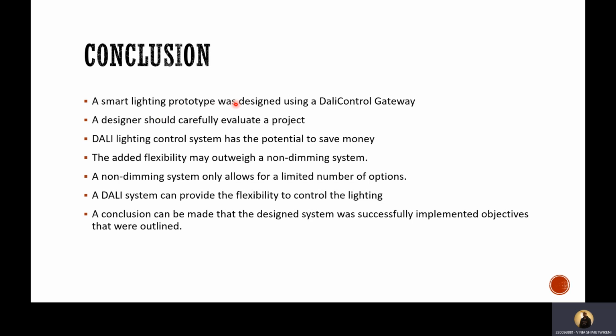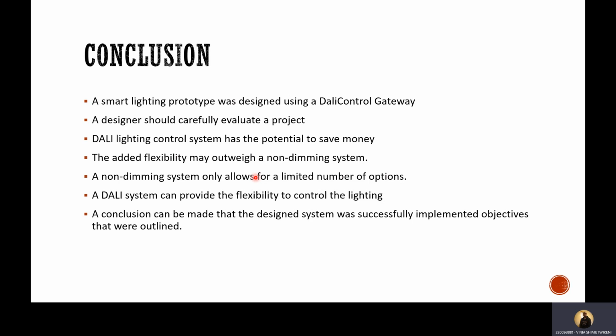In conclusion, I've successfully designed a prototype using a DALI control gateway, and I had to evaluate which components are compatible with each other, and the cost. I can also conclude that this system saves money because of dimming. It has more advantages than non-dimming systems because it's flexible.